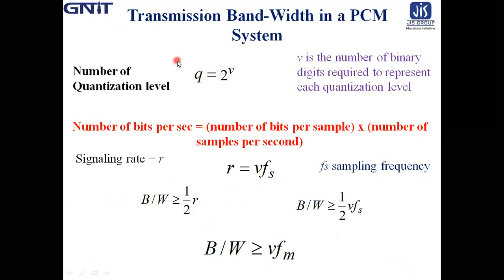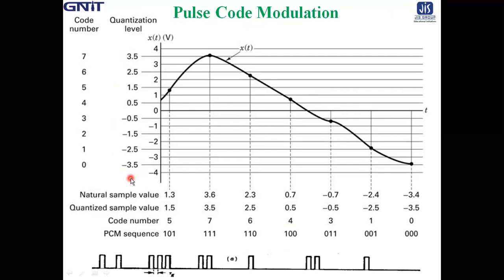Next is the transmission bandwidth calculation for a PCM system. What is the transmission bandwidth? Suppose that V is the number of digits required to represent each quantization level. So in this picture, V is 3 because 3 bits are sufficient. V is the number of bits in the general case.